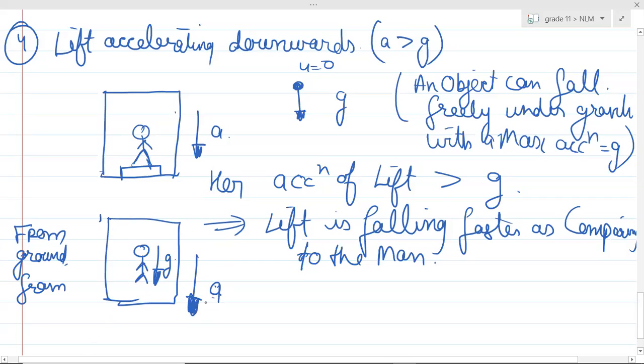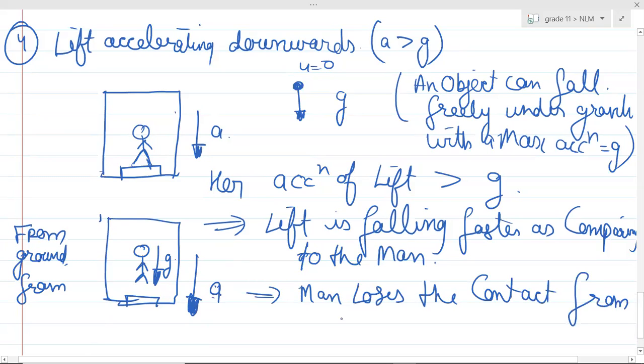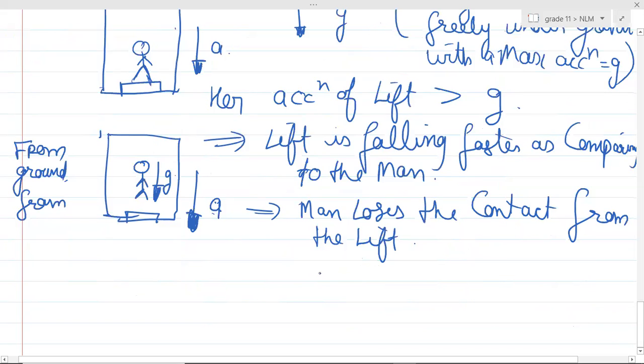So basically the man loses contact from the lift, and after some time will touch the roof of the lift.